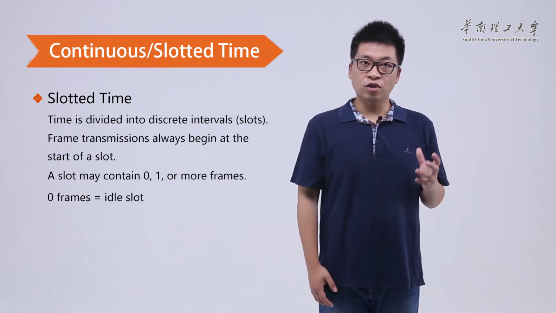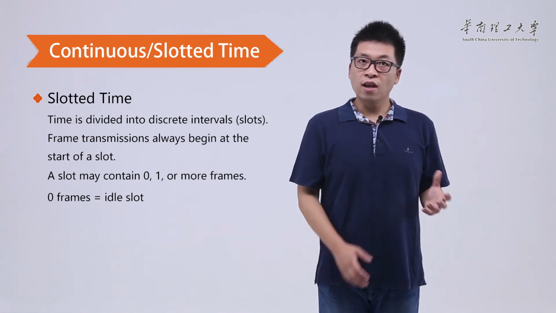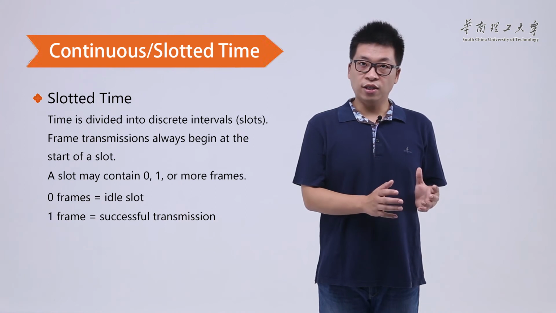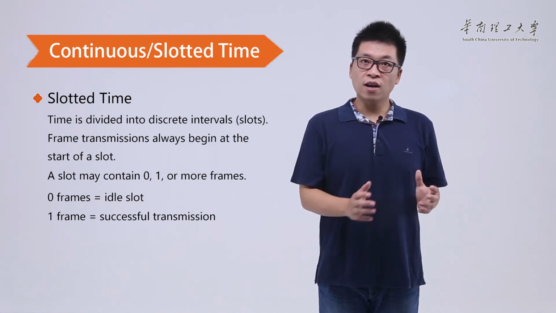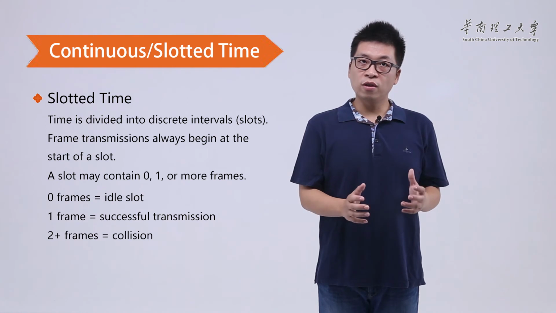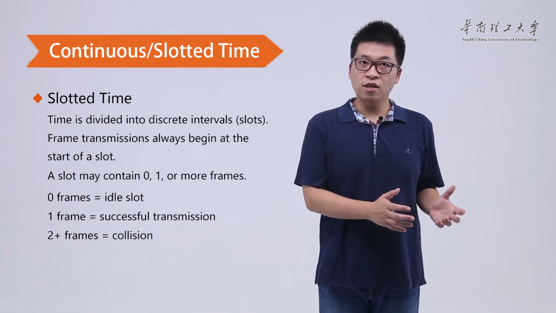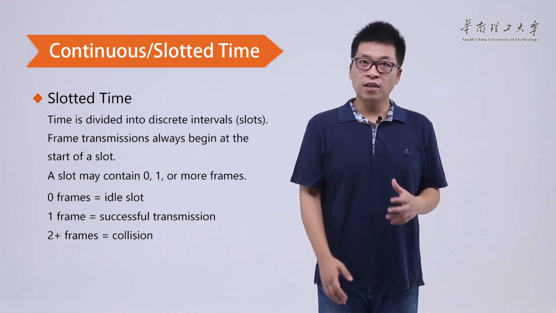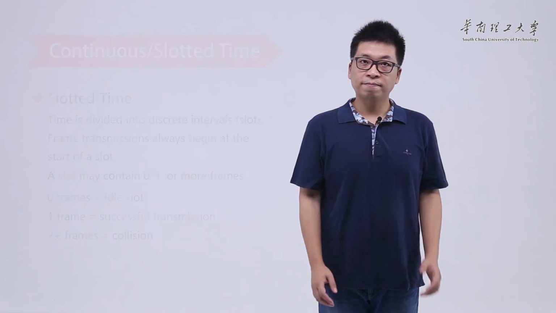If it contains no frame, the slot is idle. If one and only one frame, it is a successful transmission, as we ignore all other errors except collision. If there are 2 or more frames in a single time slot, there is a collision and all the frames get damaged. They will be retransmitted later.